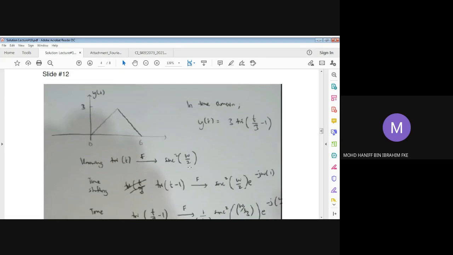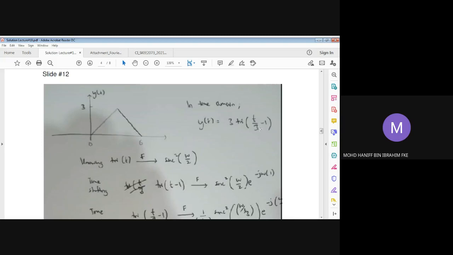So what we did here involves a few operations in these solutions. We have 3 properties to be considered in this question: linearity, a shifting of time, which is 1, and also a scaling of time, which is 1 over 3.